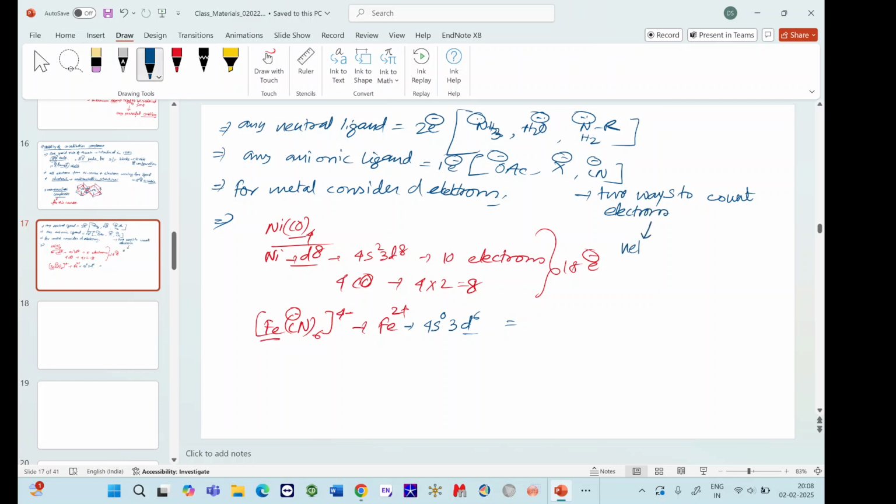One is called the neutral method, and one is called the oxidation state method.